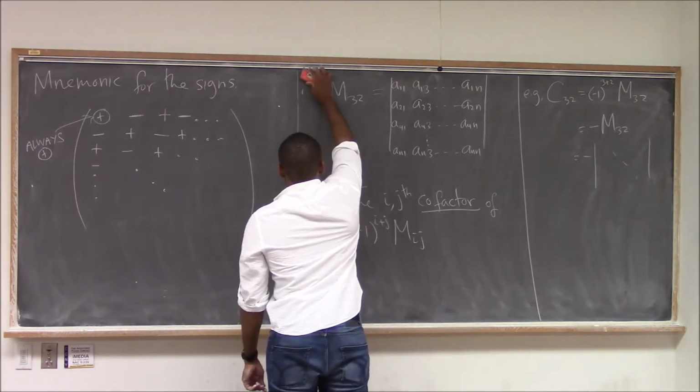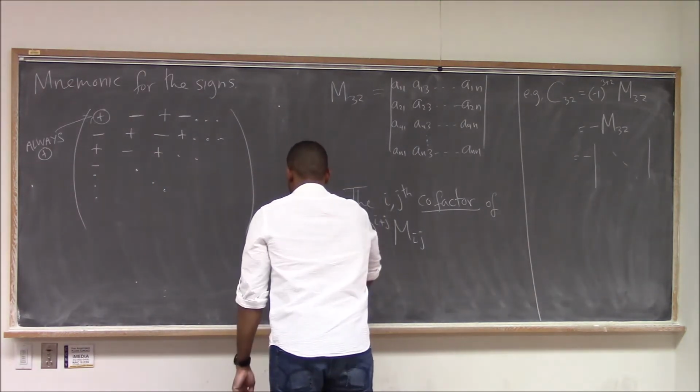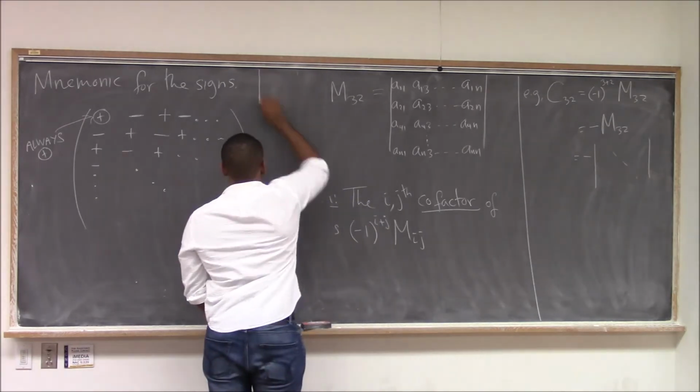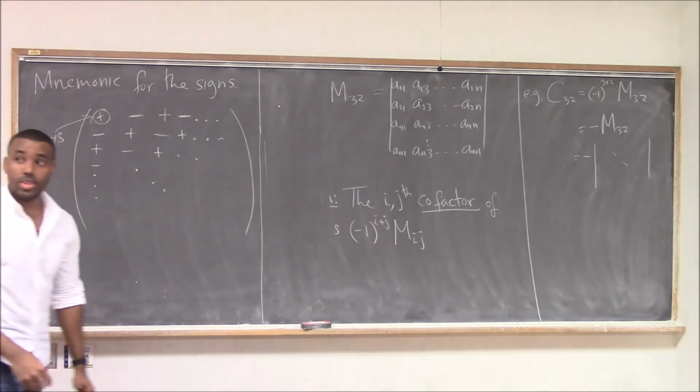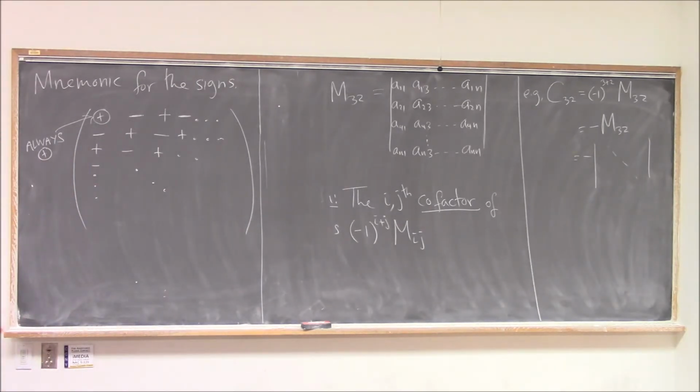Wait, don't erase it. I'm not done yet. Professor, I got a question. I see how you put that in the determinant, but then when you go down to the definition and you got the ij cofactor of A is -1 raised to the i plus j, where did that come from?